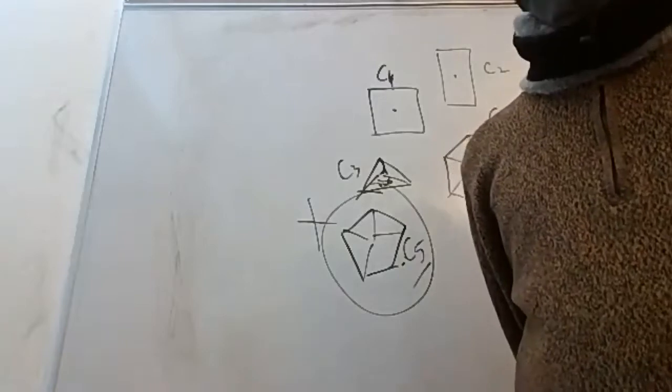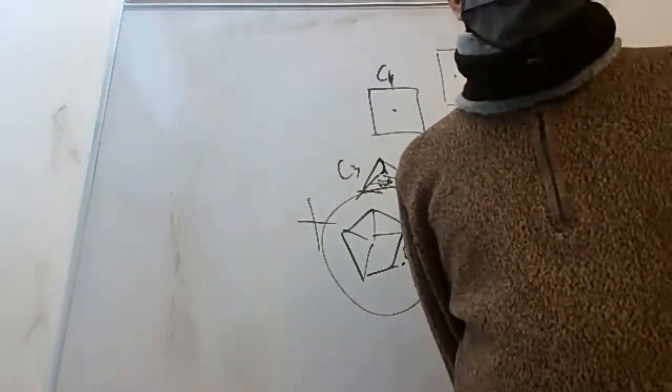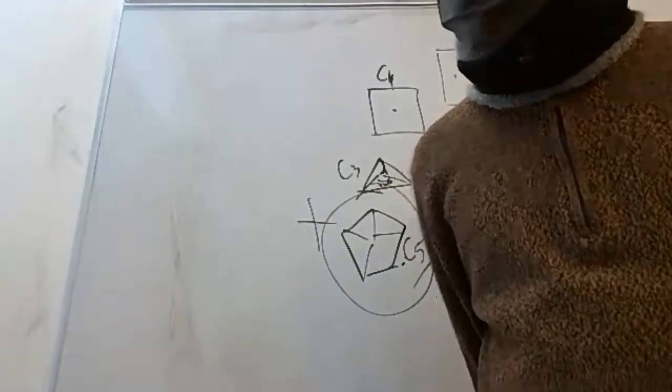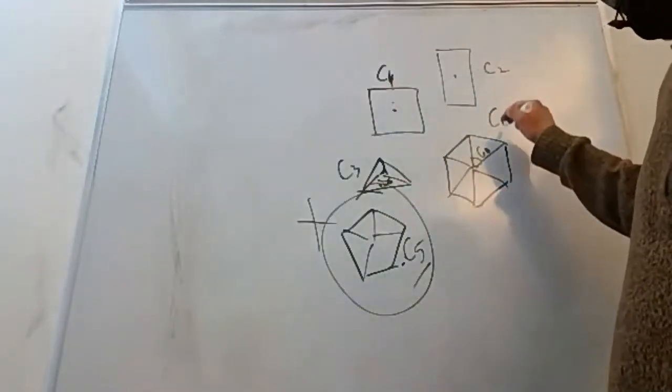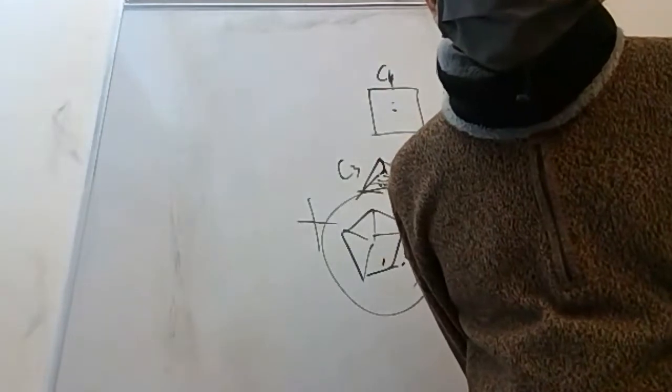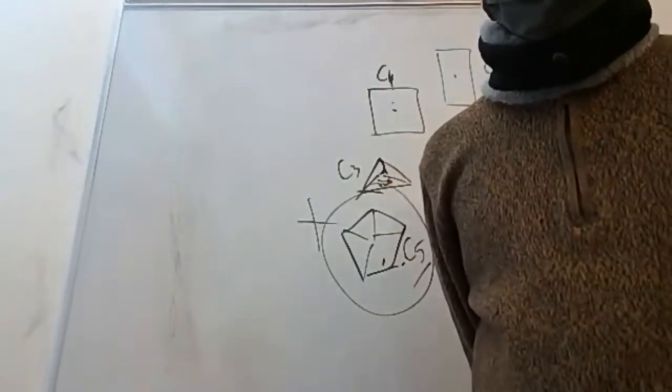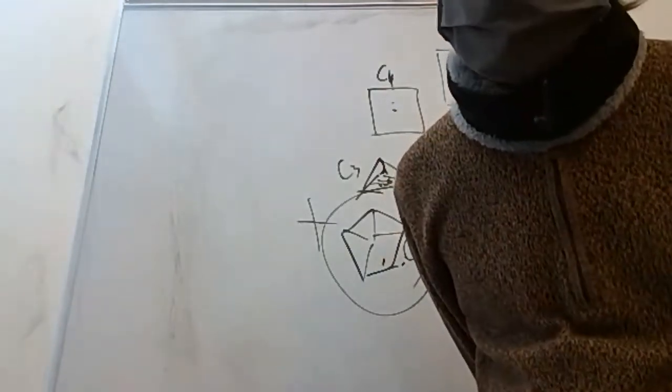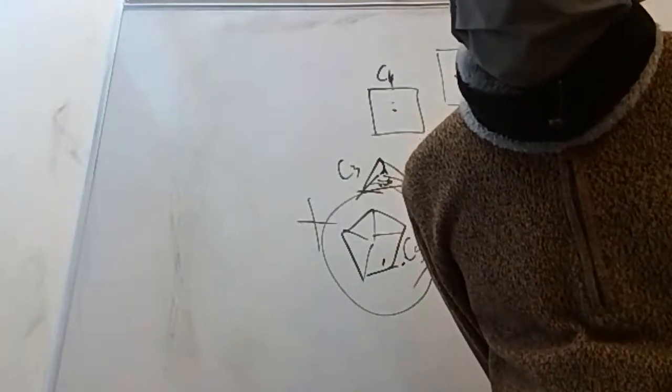And quite surprisingly, all solids use either C4, C2, C6, C3, but you will never find a solid that has a local symmetry of C5. In a molecule, it might exist, but in a solid, it will not.